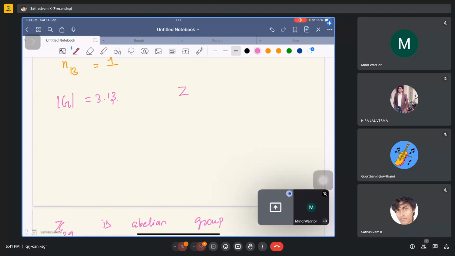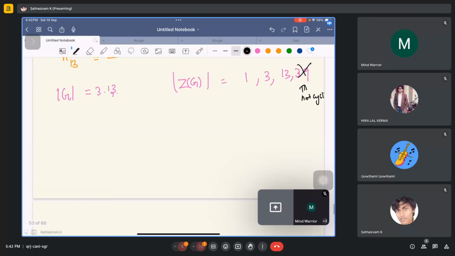So what is the possible order for the center? The possible order for the center is 1, 3, 13 or 39. But 39 is not correct because the group is not cyclic. So the possibility is one of these 3.